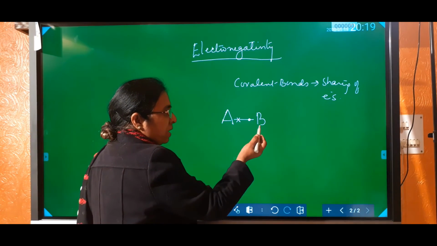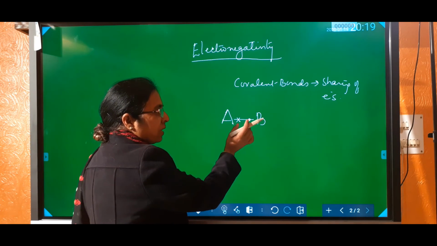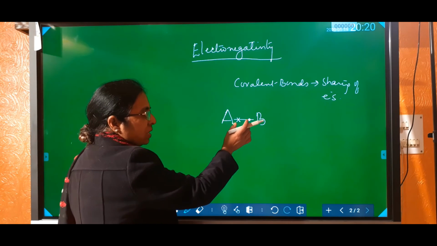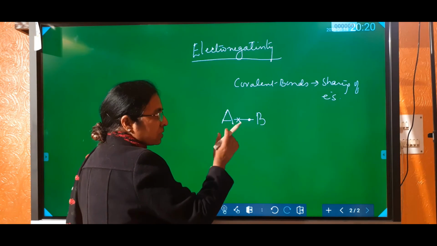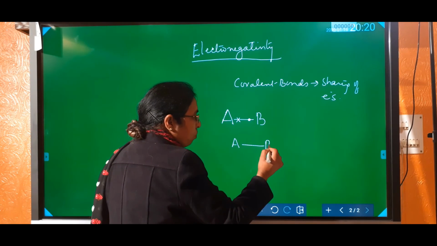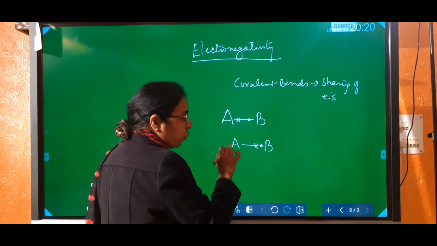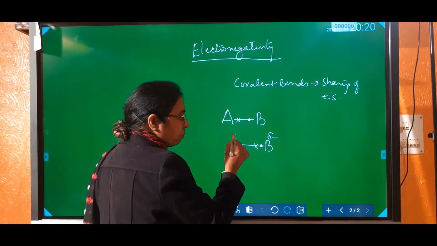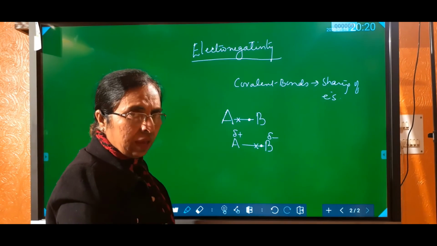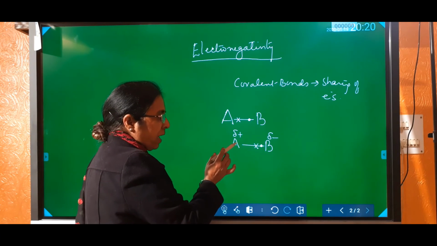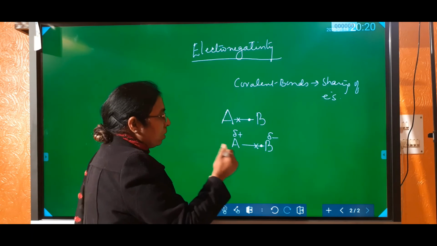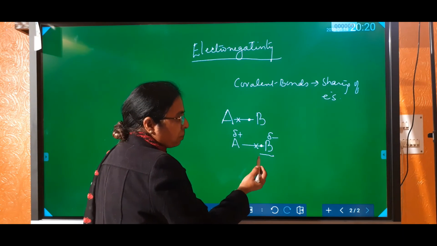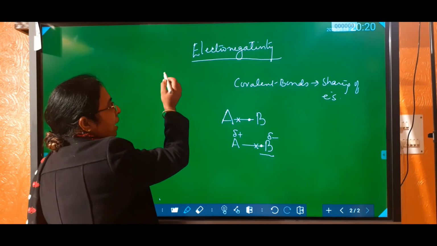If B is more electronegative, the electrons, if equally shared since each element has contributed one electron, should lie somewhere in the middle. But B pulls the shared pair of electrons more towards itself, so there will be a partial negative charge on B and a partial positive charge on A.